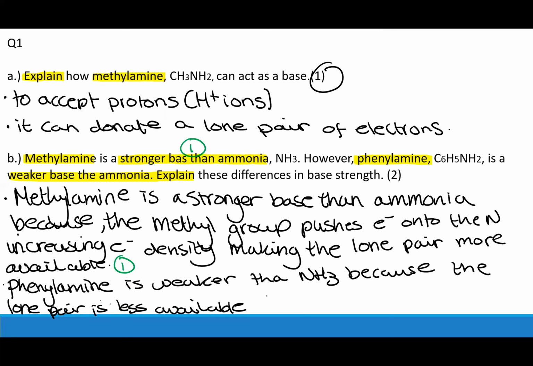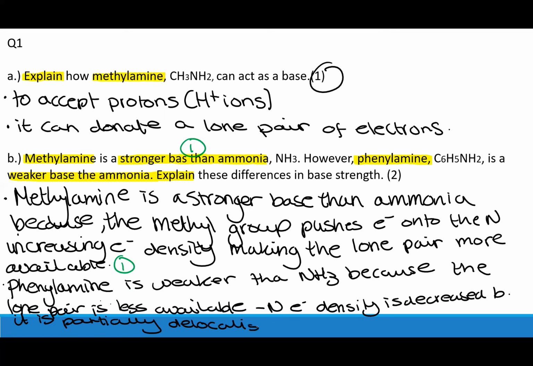It's less available, and that's because the nitrogen's electron density is decreased because it is partially delocalized around the benzene ring. And then that would get you another mark. So in total, that is your 2 marks.